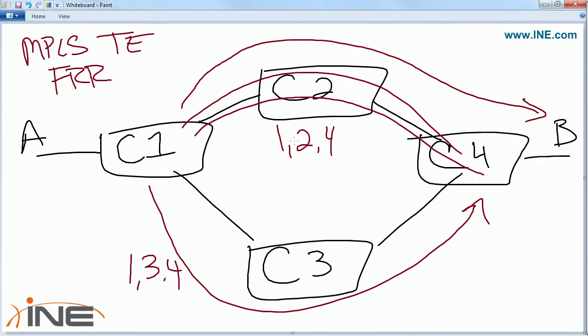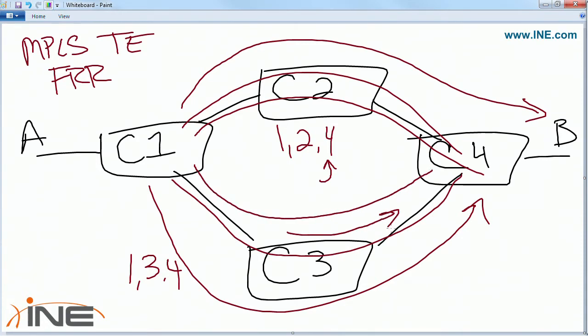But before I send the traffic, I know that ultimately I'm going to be leaving the network via device 4, or by router 4. So I can pre-calculate a backup path that goes another direction. So if this device goes down or this link goes down, I can immediately switch over to the pre-calculated path as opposed to waiting for OSPF or waiting for EIGRP to make a new decision.